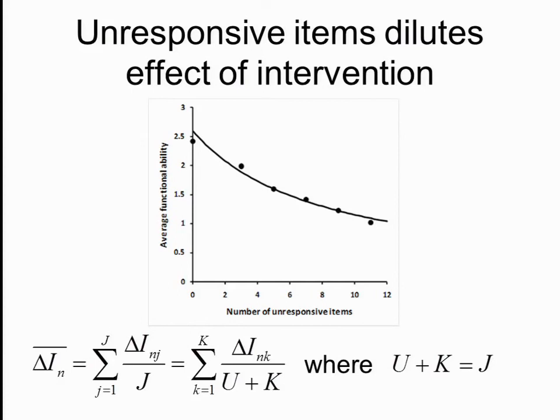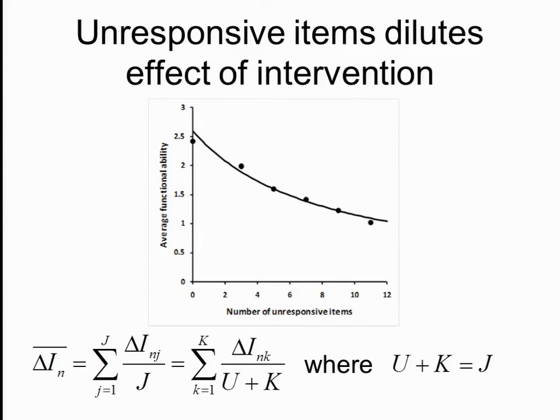But what you'll notice, the dots on the graph, is the average change in the person measure as we add more unresponsive items. The first dot, we don't have any unresponsive items. That's just the 8 that responded. The second dot, I think, has 2 unresponsive items included, just chosen at random.